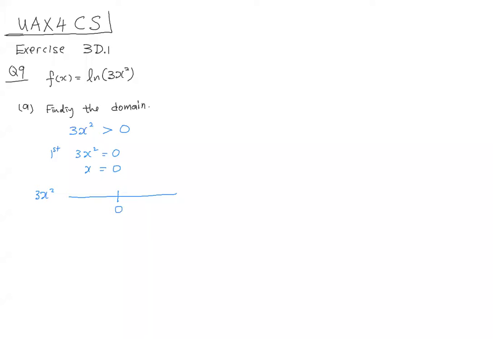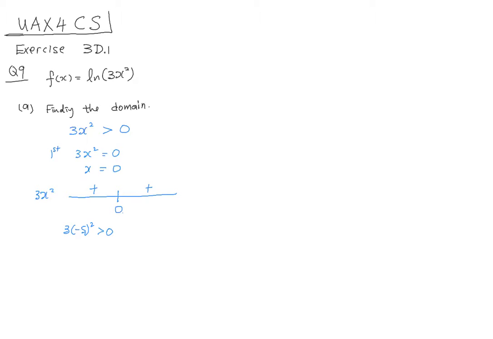Here, when x is less than 0, 3 times (-5) squared is greater than 0, so here is positive. Here is also positive.